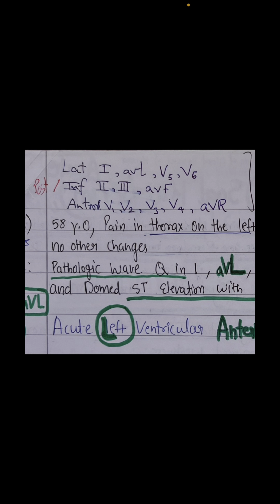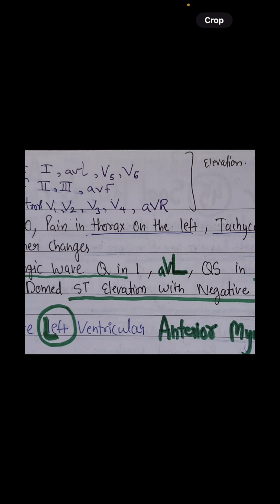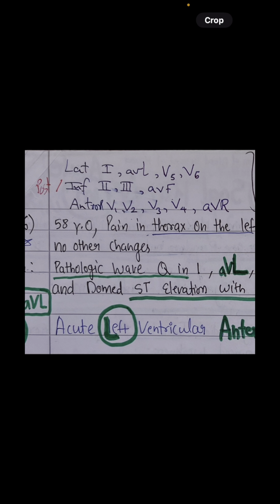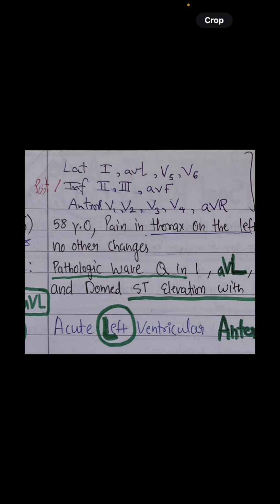These are the things to remember; they are elevation based. My friend gave me this, and I hope it will be helpful for you as well. Lateral MI we see in lead 1, AVL, and leads V5 and V6. Inferior MI we see in lead 2, lead 3 and AVF, and anterior we see in V1, V2, V3, V4 and AVR.